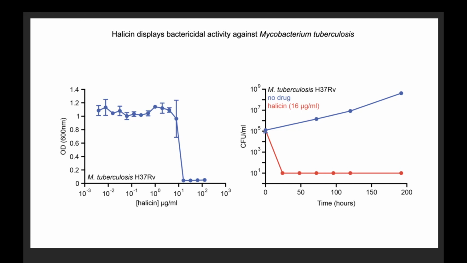So this is an extraordinarily slow-growing bacterium that often requires antibiotic administration for many months in order to clear an infection. And we observed that Halicin was able to eradicate cultures of MTB in just about 24 hours. This was a very striking result, and we are currently studying the mechanism underlying why Halicin was able to eradicate TB so quickly.